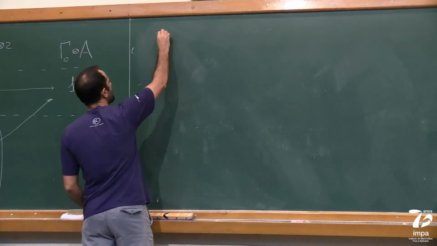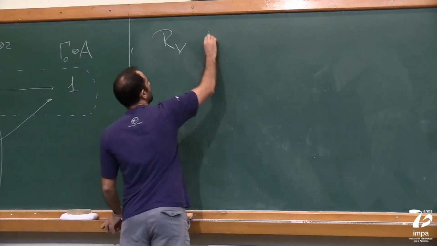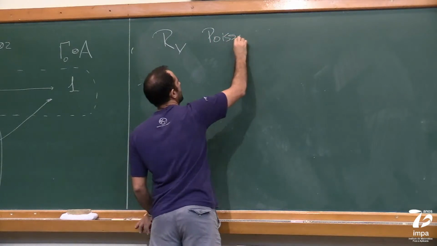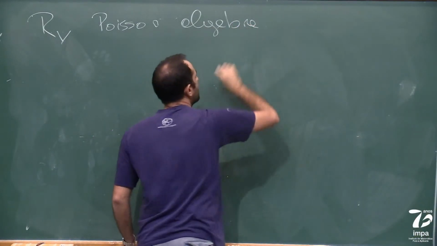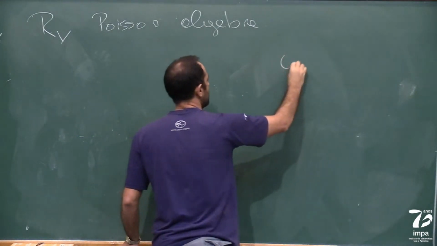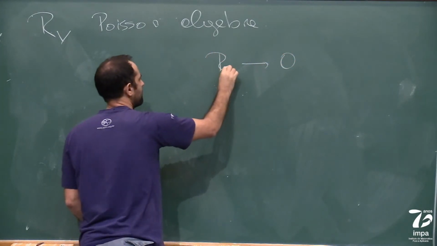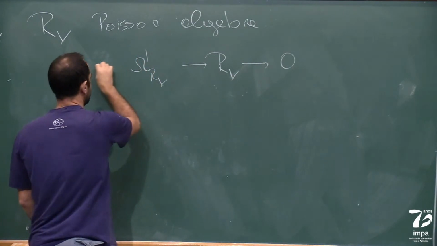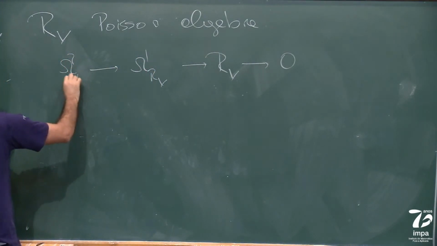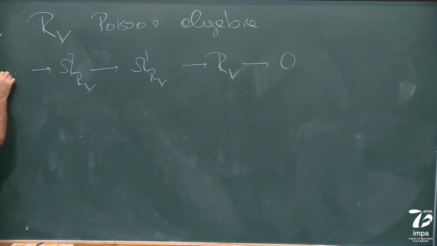If you have a Poisson algebra, then again, you take the de Rham complex of that algebra, well, the de Rham algebra of that algebra. We only care about this part, but this continues. And this acquires a differential that now will depend on the Poisson bracket.